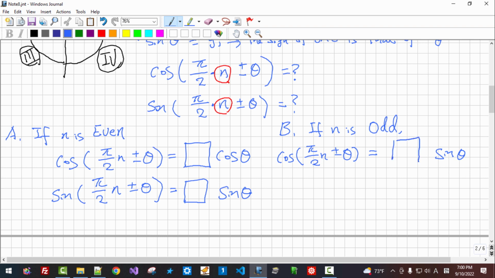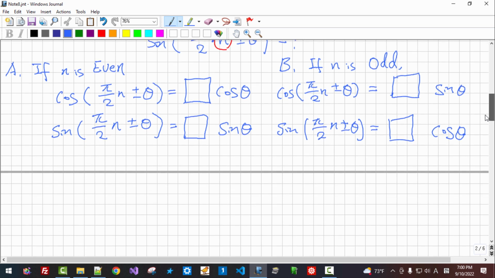We have to determine the sign. Sine of pi over 2 n plus or minus theta, if n is odd, becomes cosine theta. We have to determine the sign of this function.